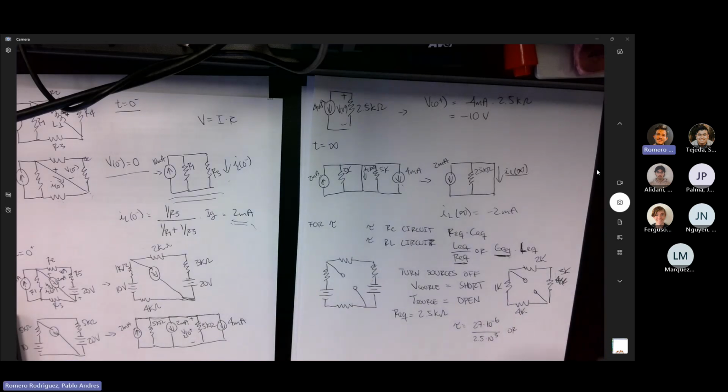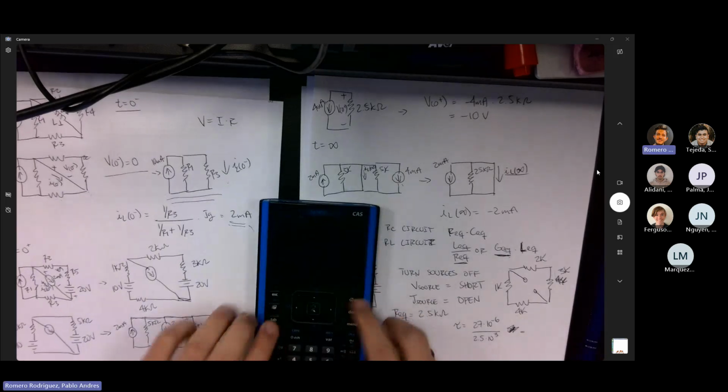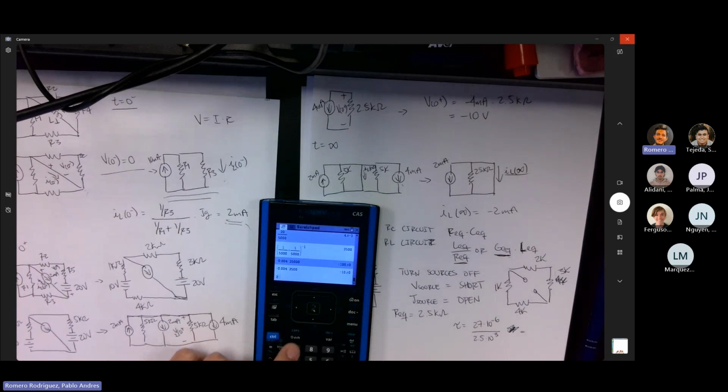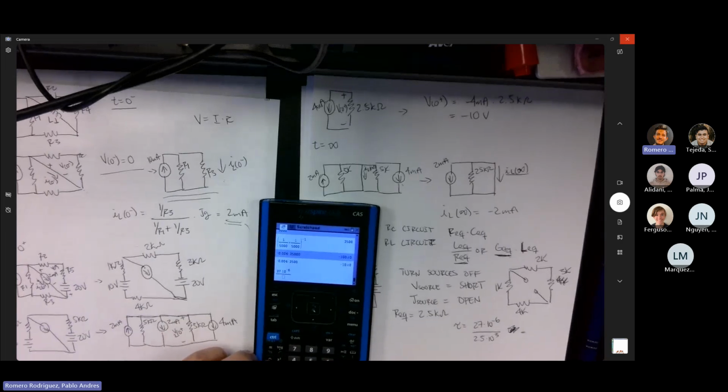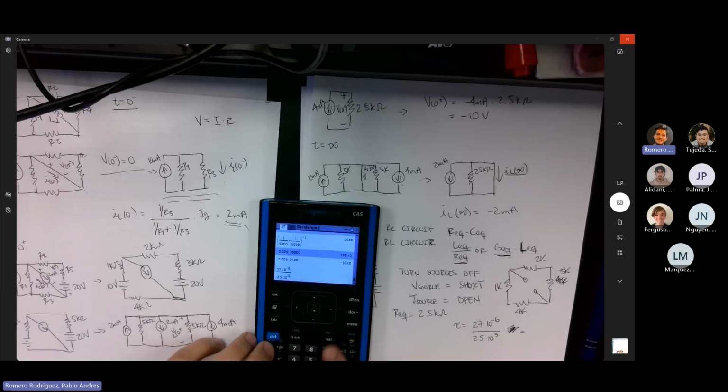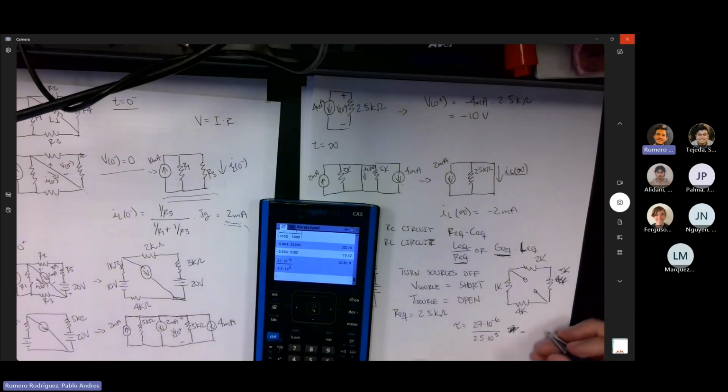It's just the same. So 27 times 10 to the negative 6 over 2.5 times 10 to the third. You get 10.8 nanoseconds. Right?